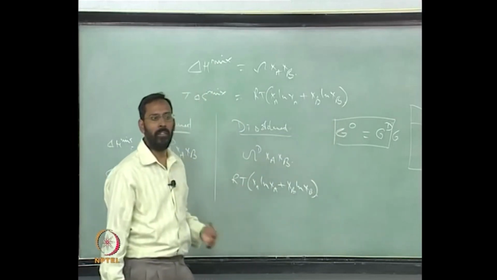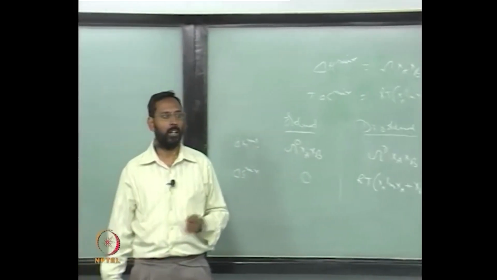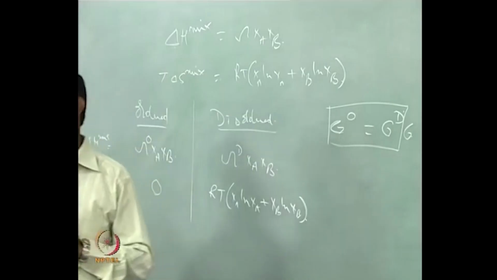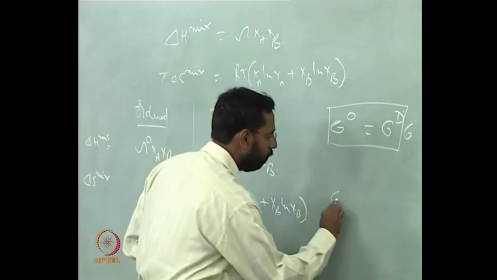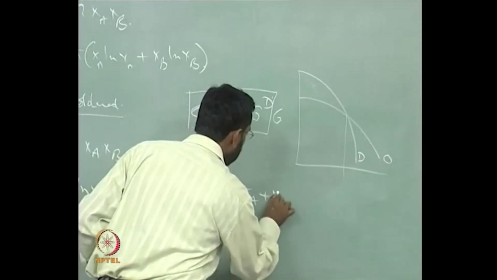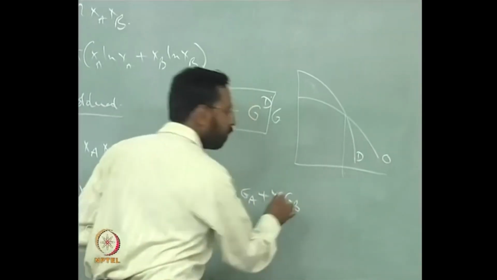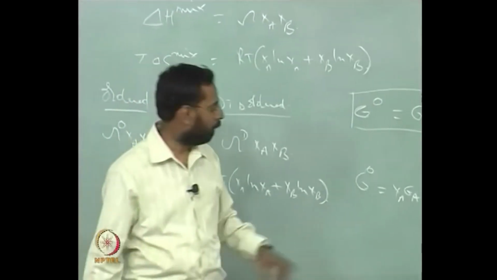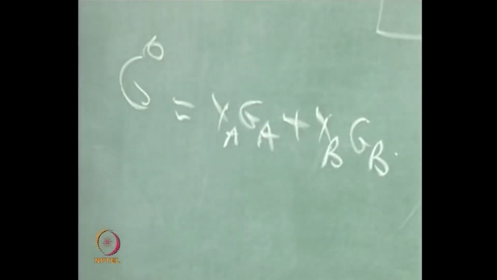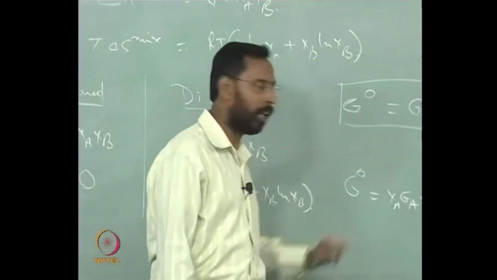And you may ask, where is the thermal entropy coming into the picture? Thermal entropy comes into the picture when you are considering the individual elements, because whenever I am writing G naught, I say XA GA plus XB GB. You start from here, and thermal entropy would come into these two. So, that has to be remembered.